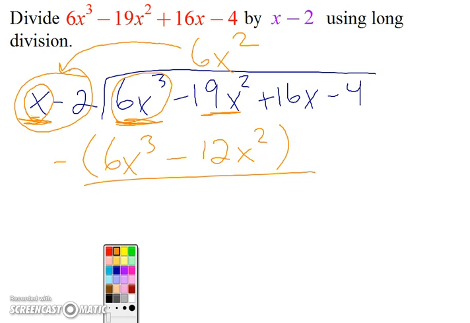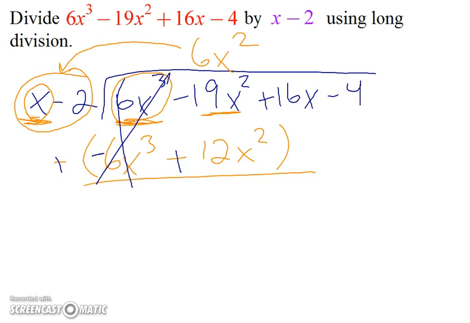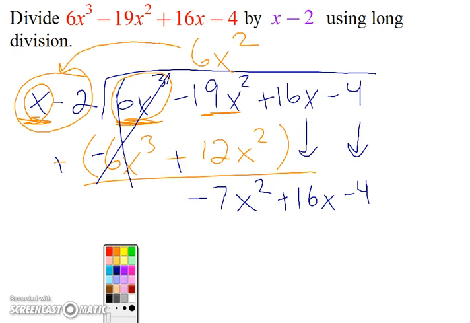It's easier if I show this as addition and change the signs on the inside, really just distributing the minus sign. 6x cubed minus 6x cubed cancels out. That should always work out that way. Negative 19x squared plus 12x squared is negative 7x squared, and I'm going to bring down my remaining terms, plus 16x minus 4.